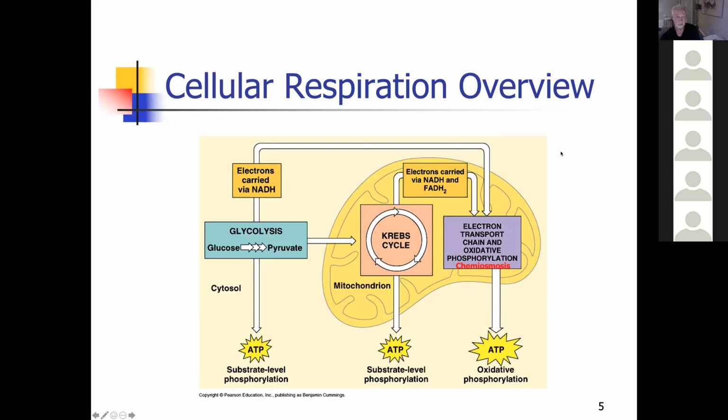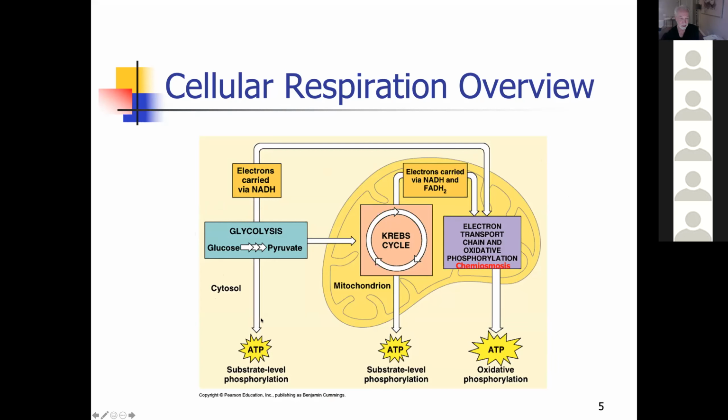So here's an overview of what we're going to talk about today. We're going to start with glycolysis, which is the conversion of glucose to a substance called pyruvic acid, or pyruvate for short. And when this happens, you get a substrate level phosphorylation, 2 ATP molecules.